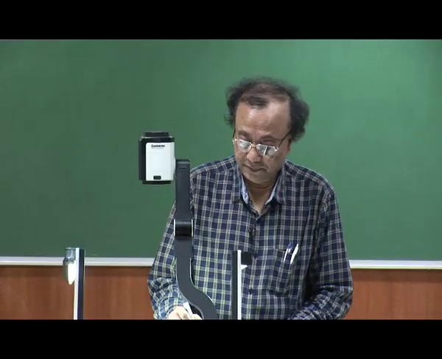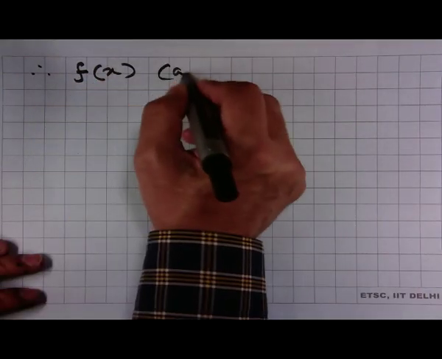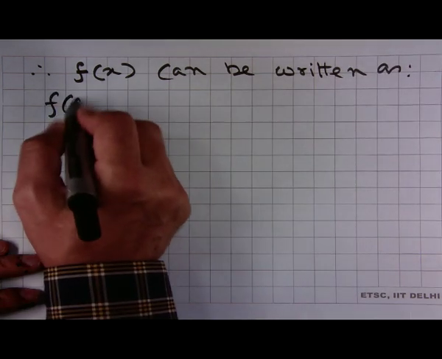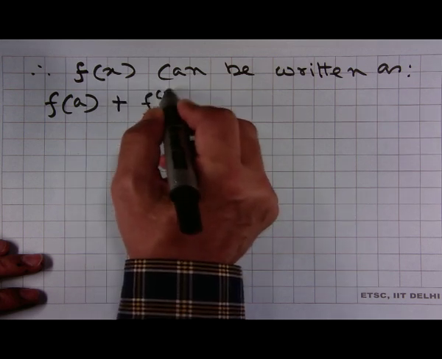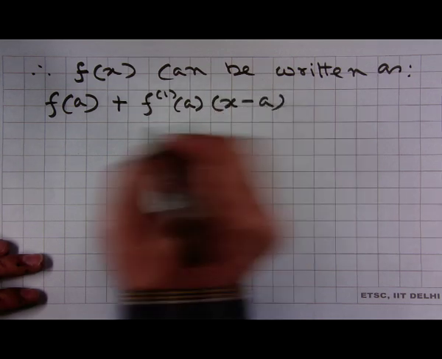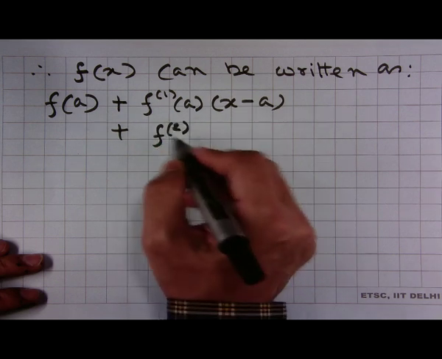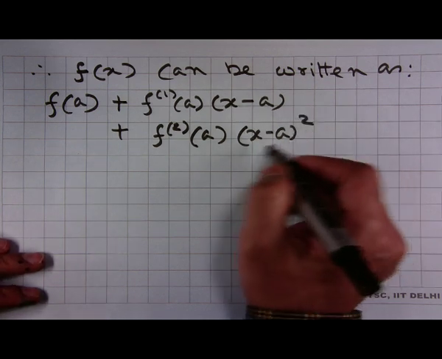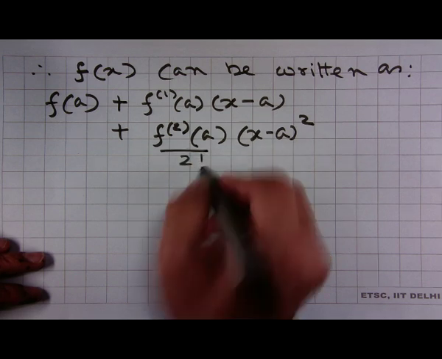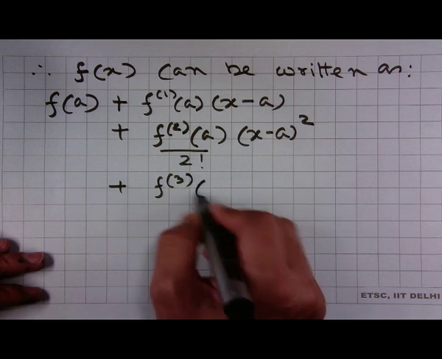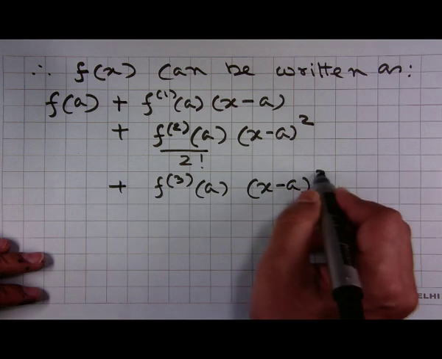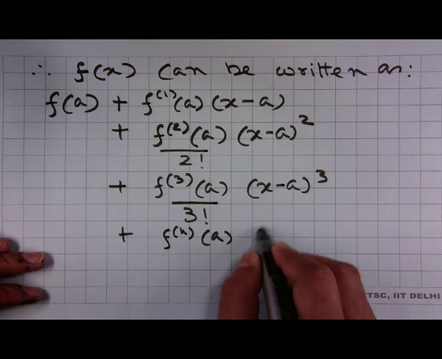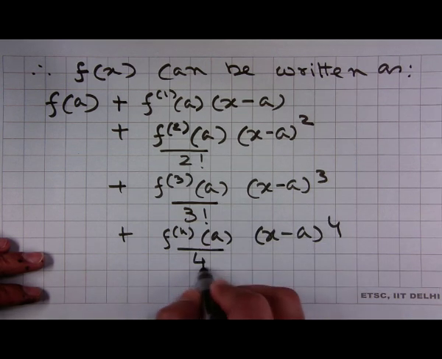Therefore, we can find that f(x) can be written as f(a) + f′(a)(x − a) + the second derivative of f at a into (x − a)² upon factorial 2 + the third derivative of f at a into (x − a)³ upon factorial 3 + the fourth derivative of f at a into (x − a) to the power 4 upon factorial 4.